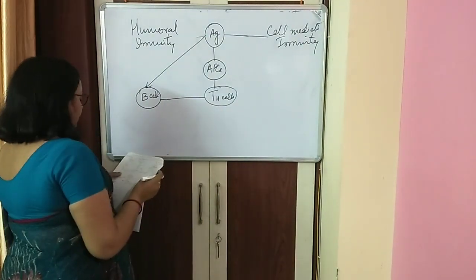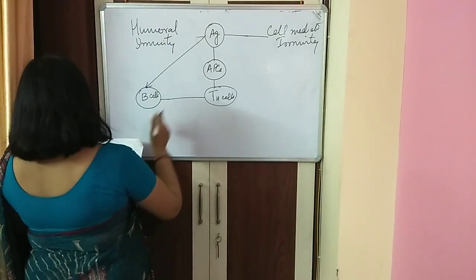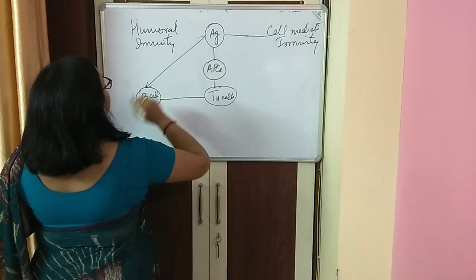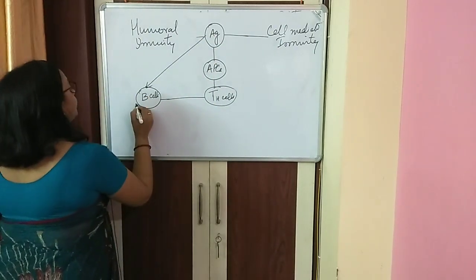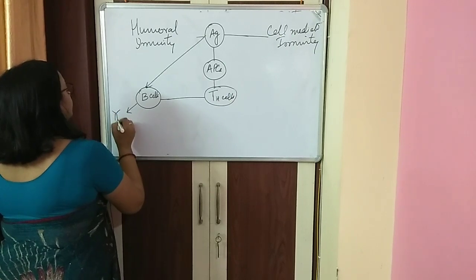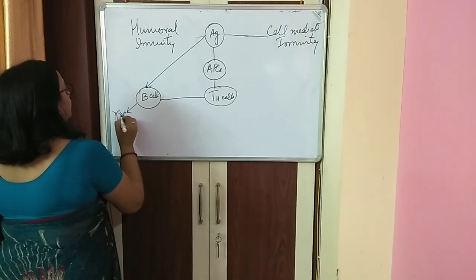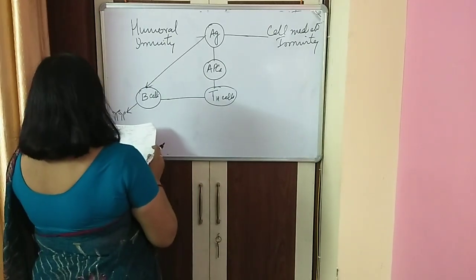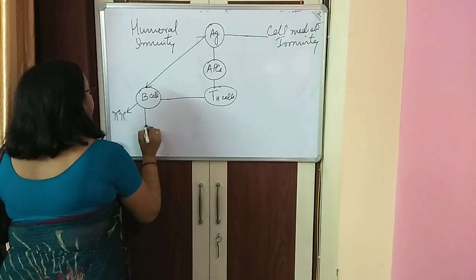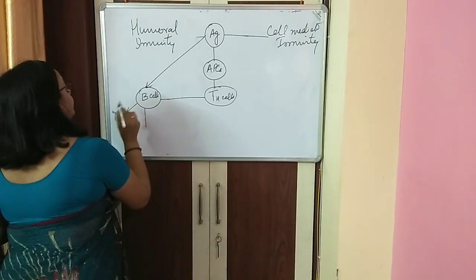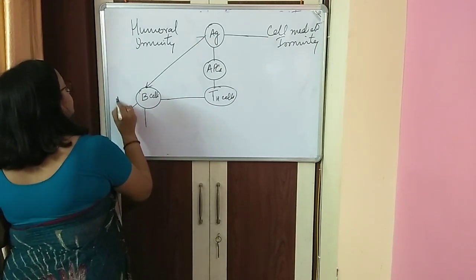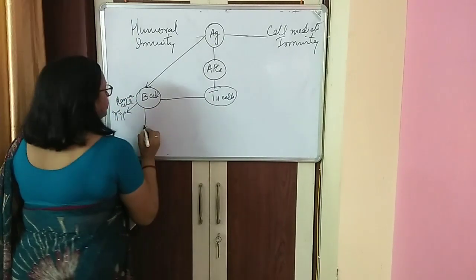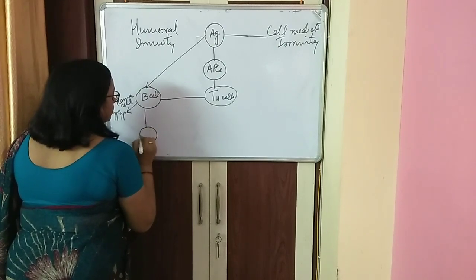So what will happen? If the antigen is taken directly, then the B lymphocyte will secrete antibody. These antibodies are secreted, meaning the B cells are changed into plasma cells, and here they change into memory cells.